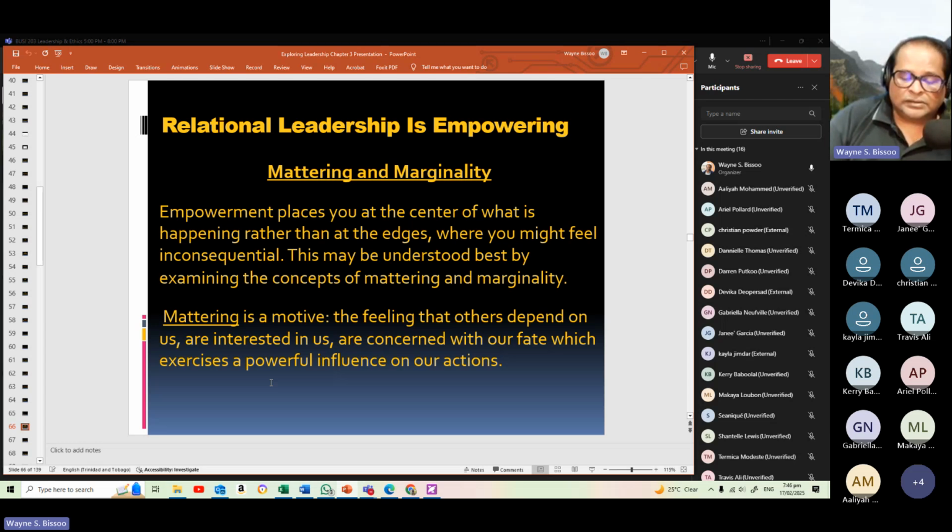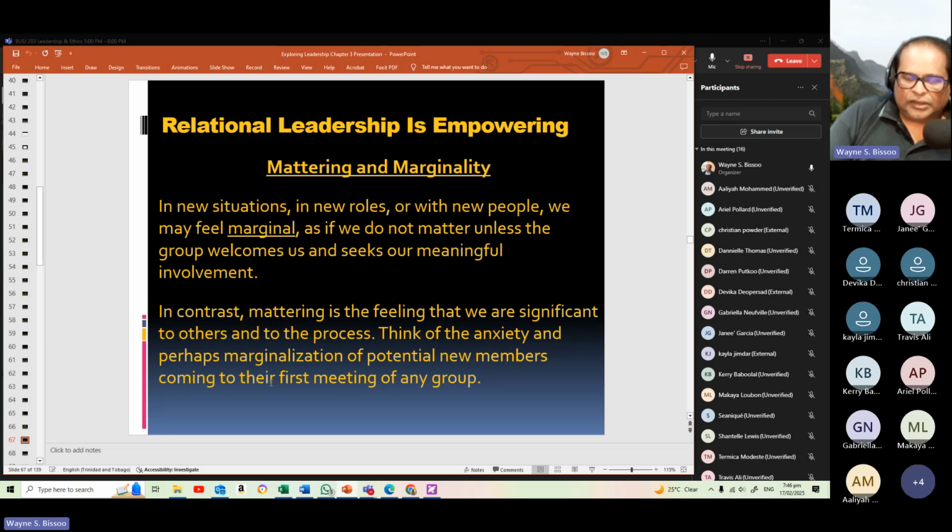And that does not lend itself to making people feel as if they matter, and further contributes to the marginalization of great numbers of individuals in the organization who feel as if my point of view doesn't matter. Anybody can identify with that, having worked in organizations with large operational staff.